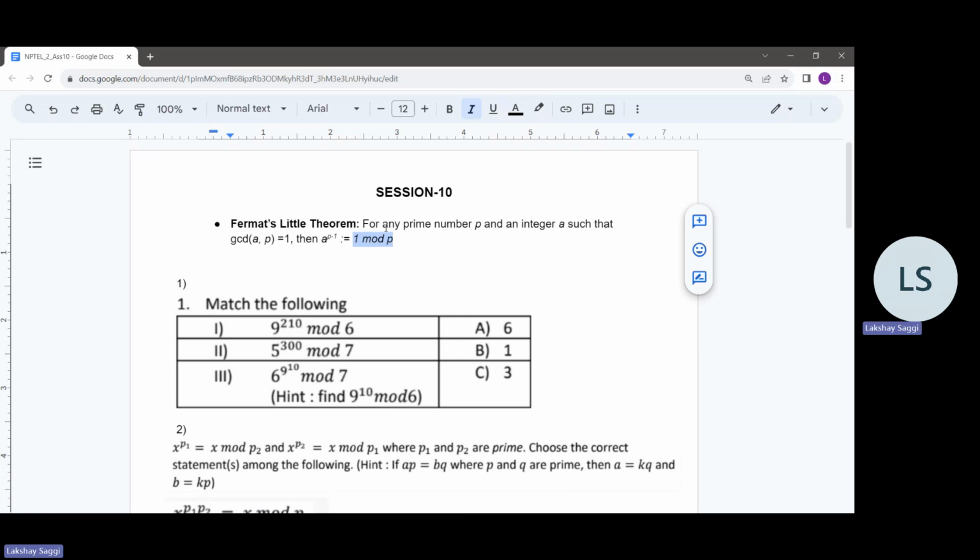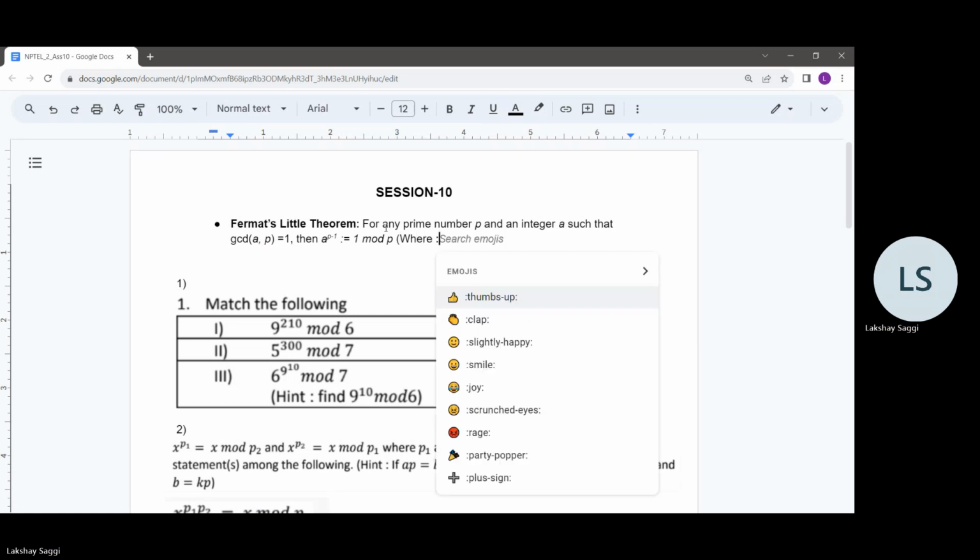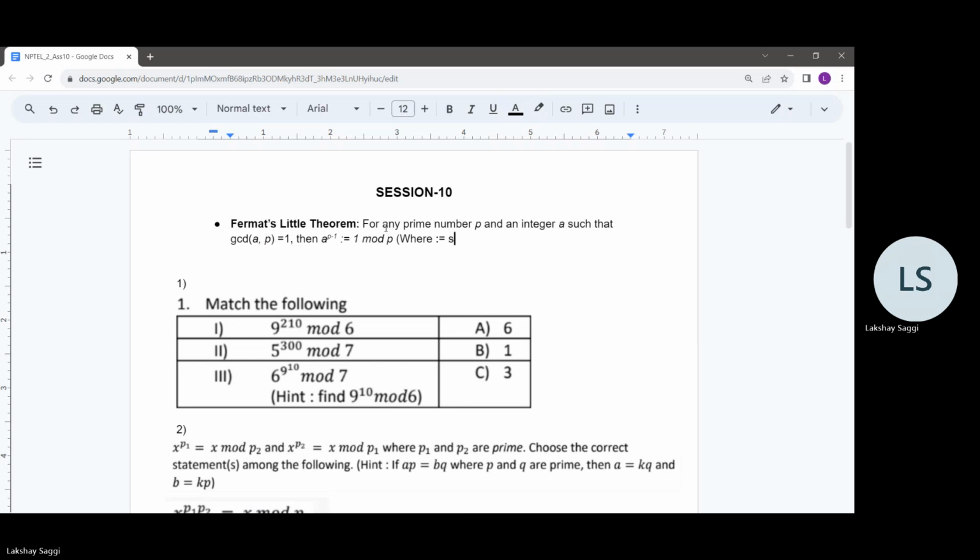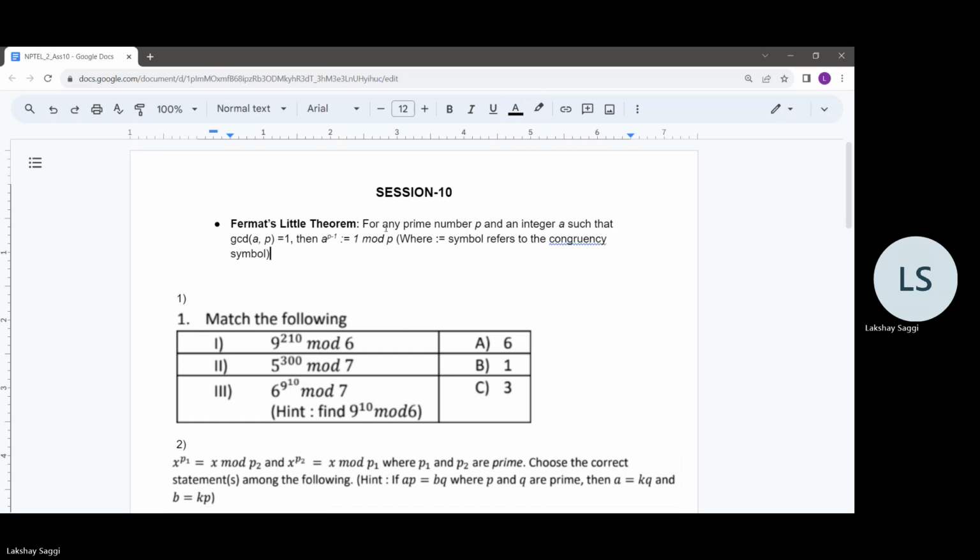This is what Fermat's little theorem states. I'll note that this symbol refers to the congruency symbol.